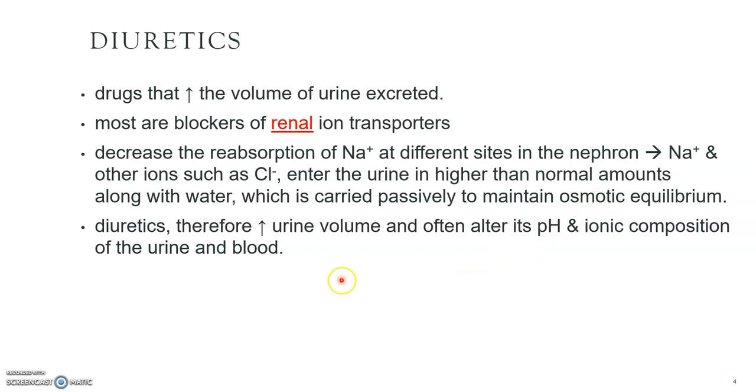So diuretics hence increase urine volume, and often change the pH and also the ionic composition of urine and blood. That's how powerful diuretics are. Besides increasing urine volume, they can also change the pH and the ionic composition of both urine and blood. Remember that.